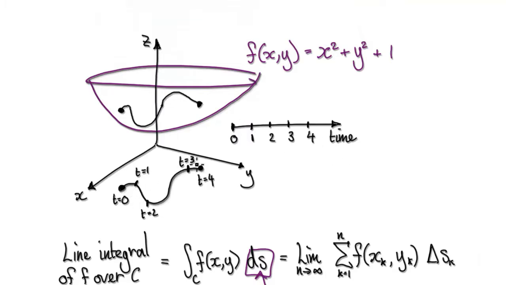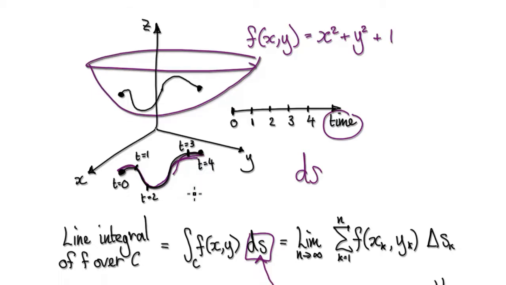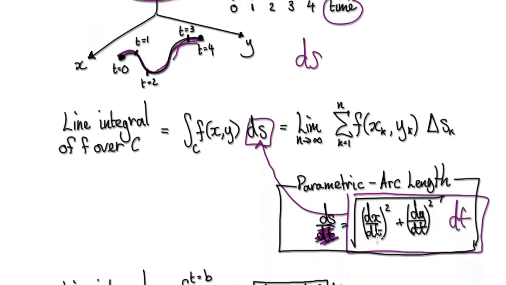By using our parametric equations technique, we can drive a particle along our intended path just by using one variable, time. So we can drive the particle along here, and the distance, which is ds, the distance along our path, is given by this.